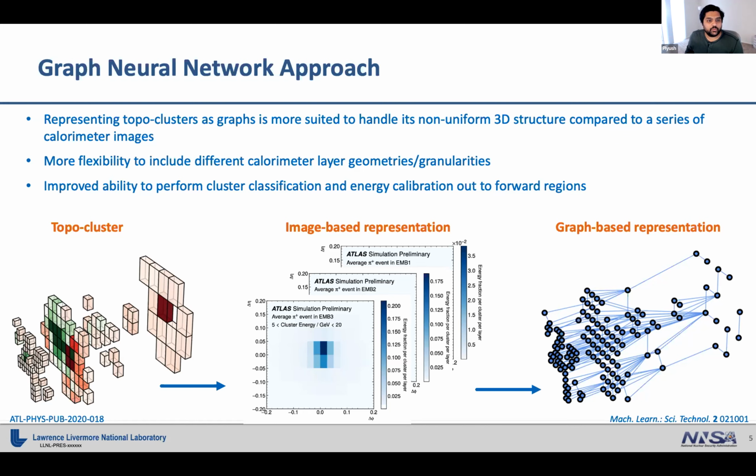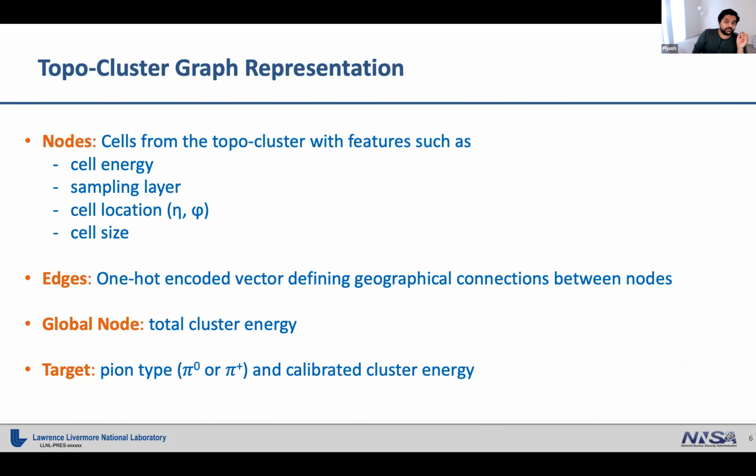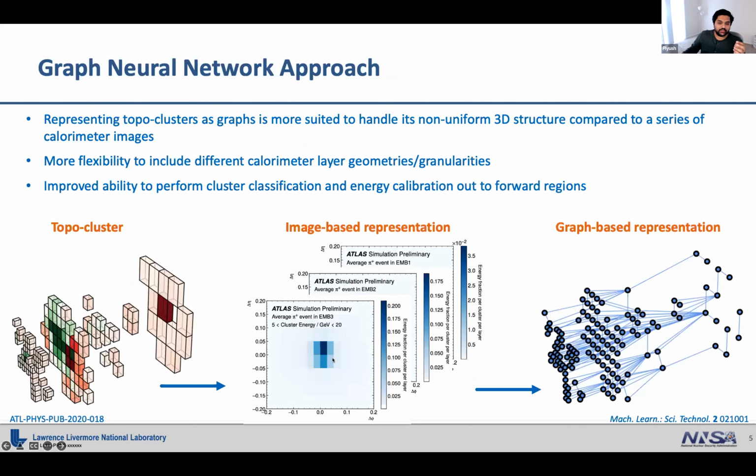The way we represent our data in graphs is the cells of the topo cluster. By cells, I mean these cells that you're seeing in the images, right? So these are individual cells in each layer of the calorimeter.